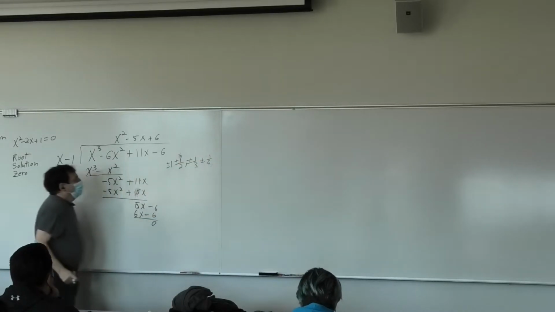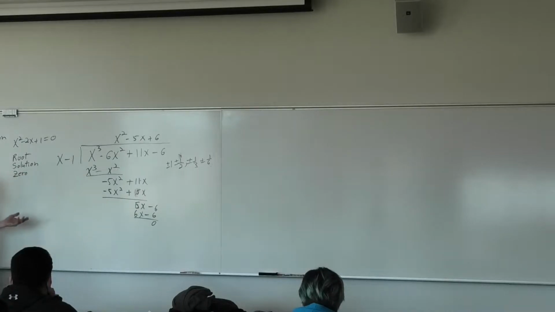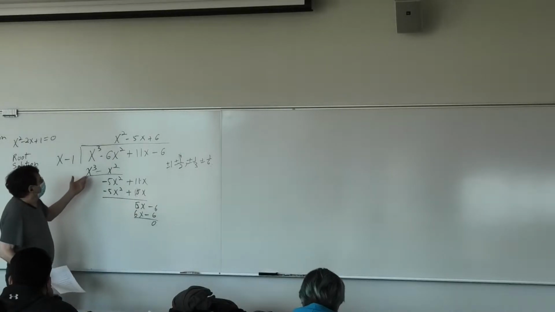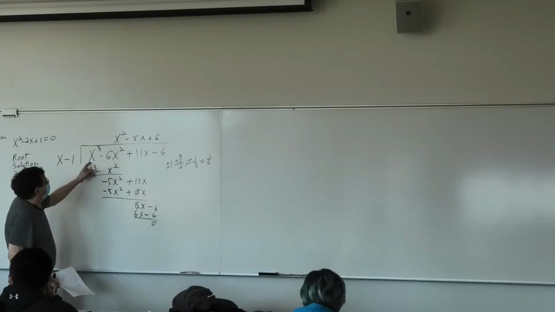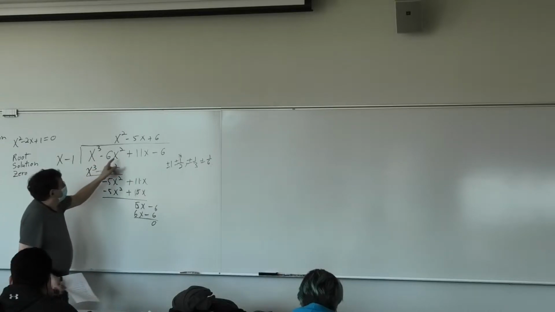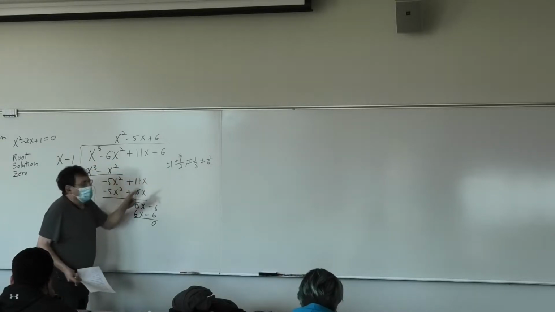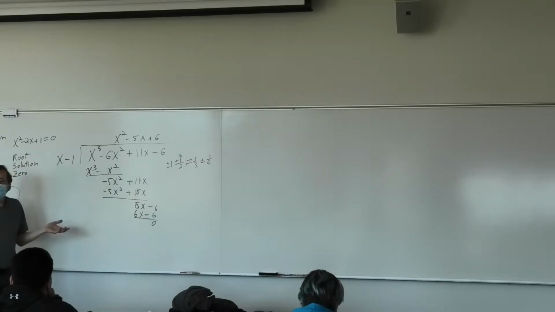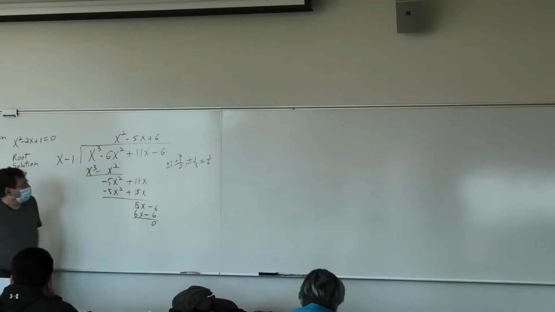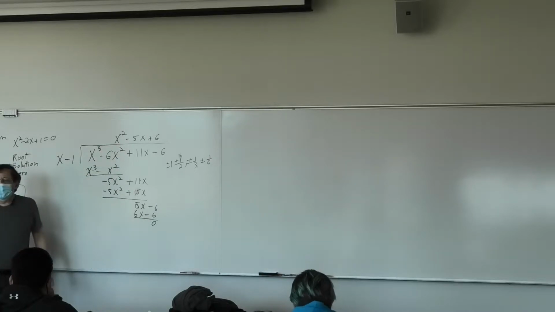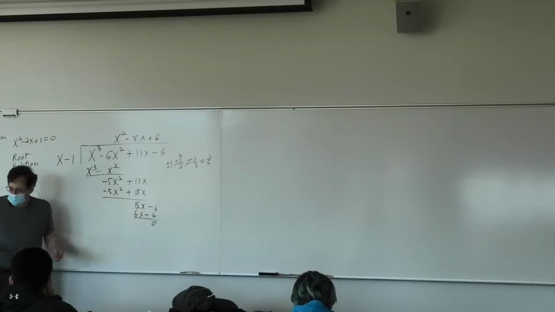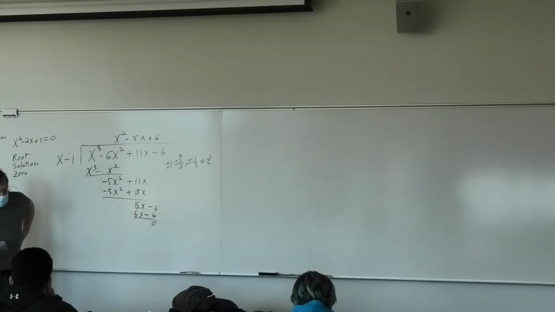So we can try these, see if they're roots. In this case, I just said, well, let's try the obvious one, 1. 1 minus 6 plus 11 minus 6 is 0. So we know 1 is a root, and we can divide by x minus 1. And once you get something down to a quadratic, that should be pretty easy. You always use the quadratic formula to find the roots.